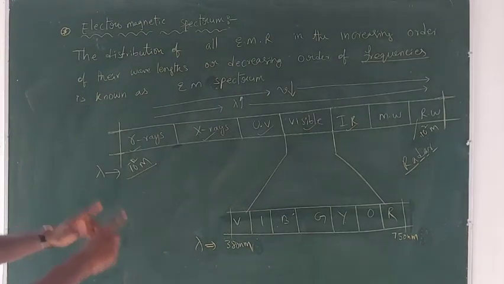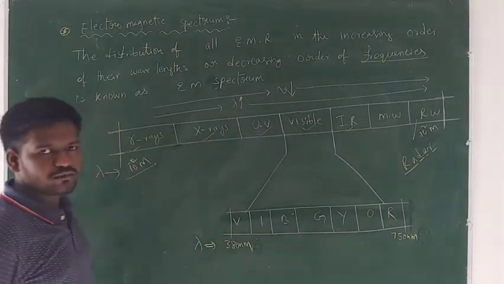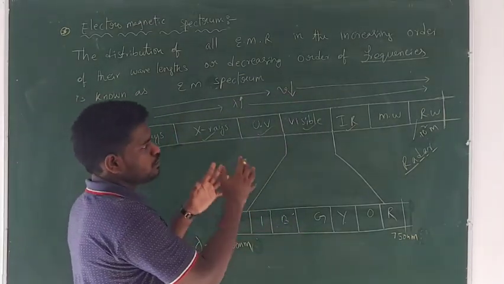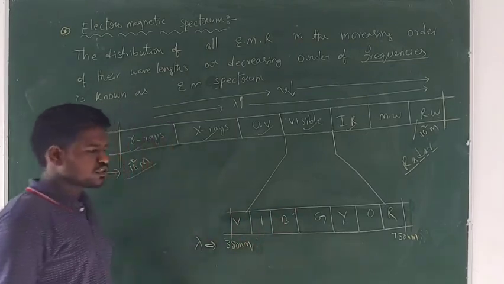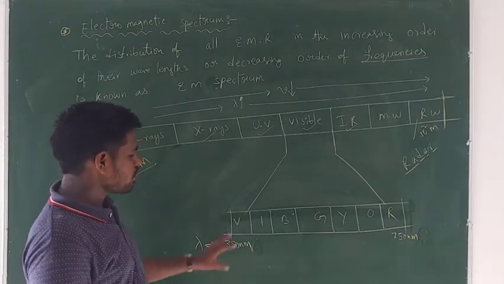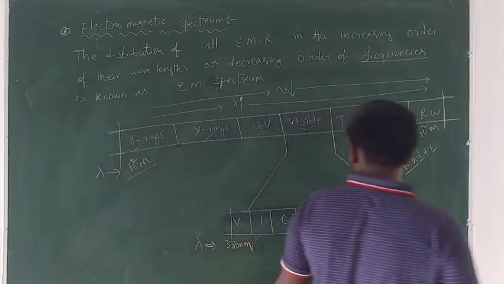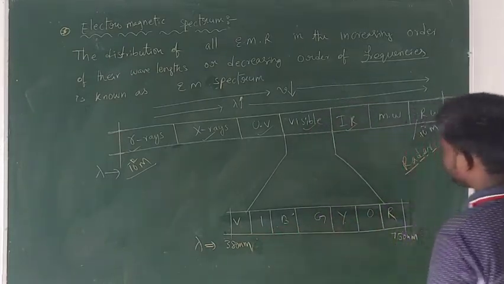Now in this electromagnetic spectrum, there is another small spectrum known as the visible spectrum. In visible radiation, we have types of radiation based on wavelength, with different color radiations from violet to red: violet, indigo, blue, green, yellow, orange, red.